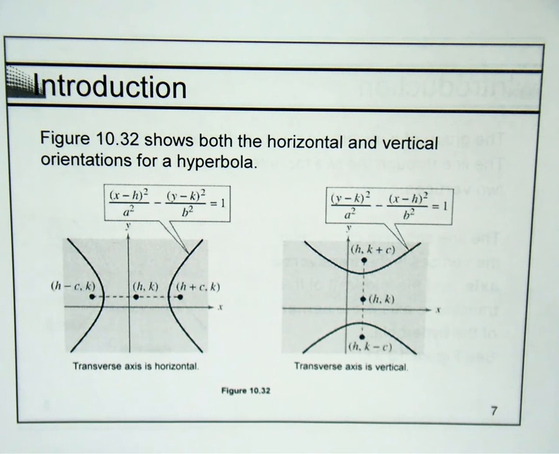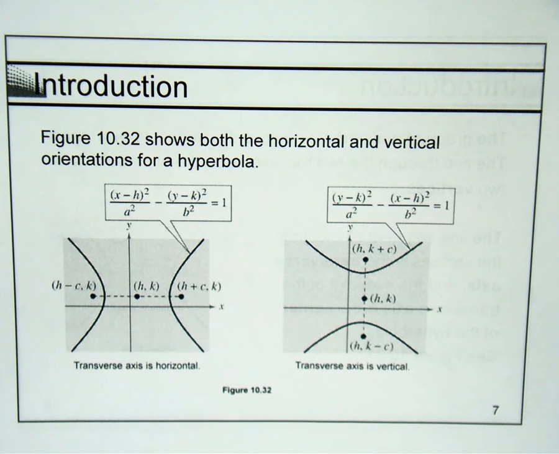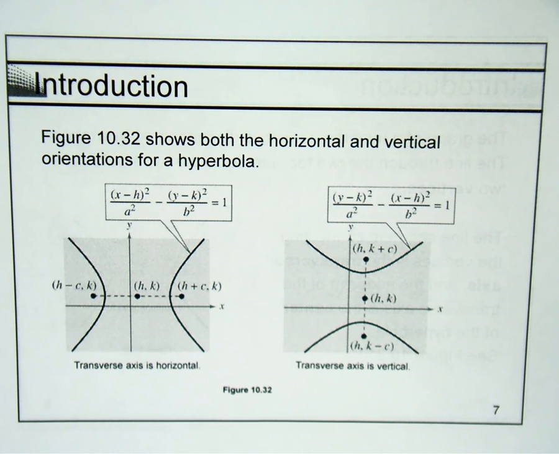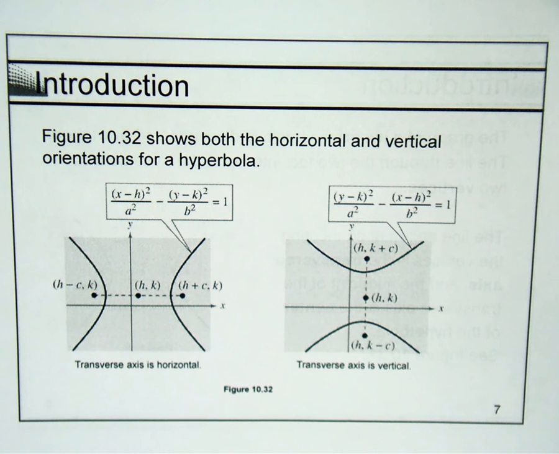Okay, 10.32 shows both the horizontal and vertical orientation for a hyperbola. Notice it's just the difference there between which one's positive. Is the x group positive or is the y group positive? If the y group is positive, it goes up and down. If the x group is positive, it goes side to side.